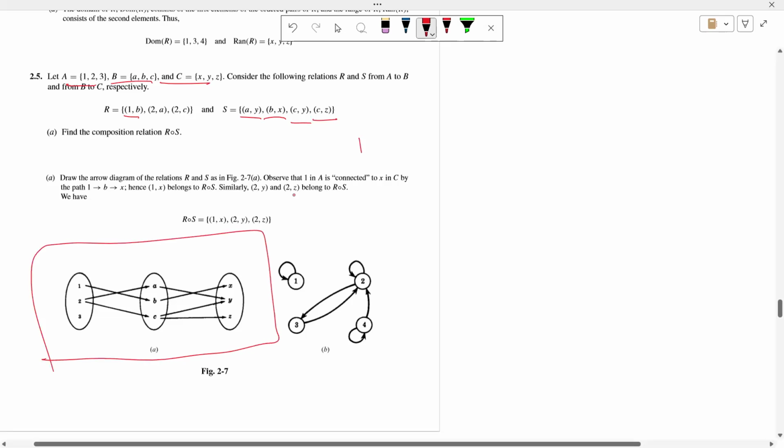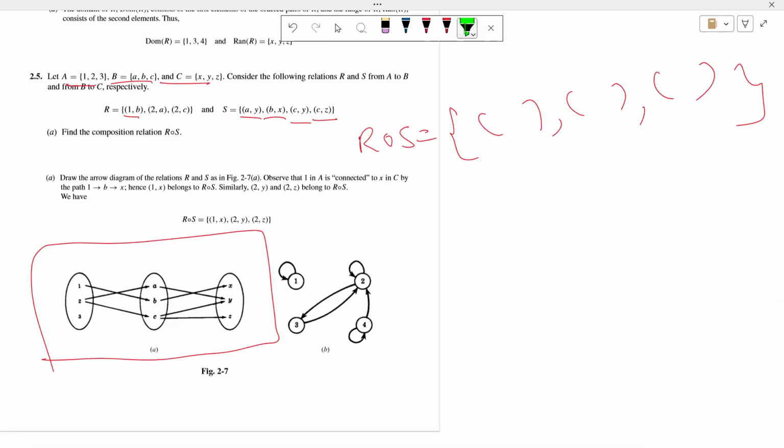Now we need to find R of S. How can we find R of S? That is also a set of ordered pairs. I already explained this. Can you find the answer for this one? For R of S, take the first element, then it goes this way, so I can write 1 and X. 1 and X is one ordered pair in R of S. Similarly, from 2 to Y, so 2 comma Y is another ordered pair.